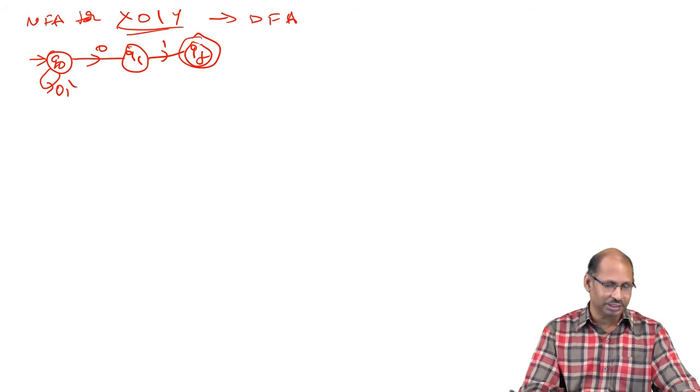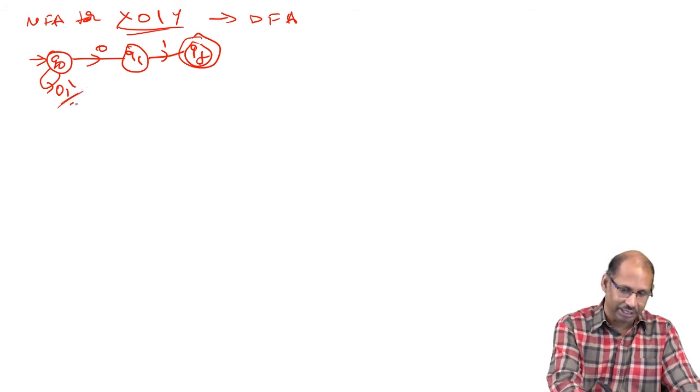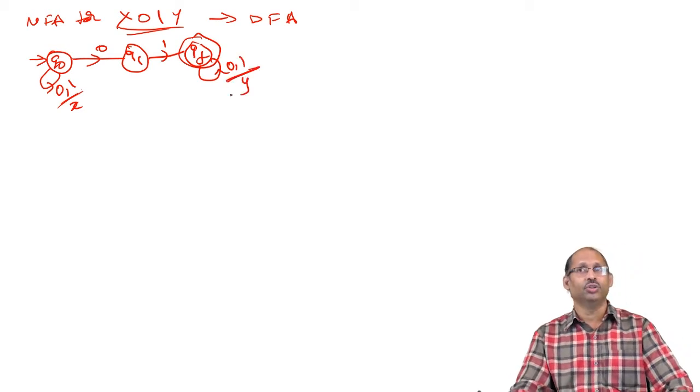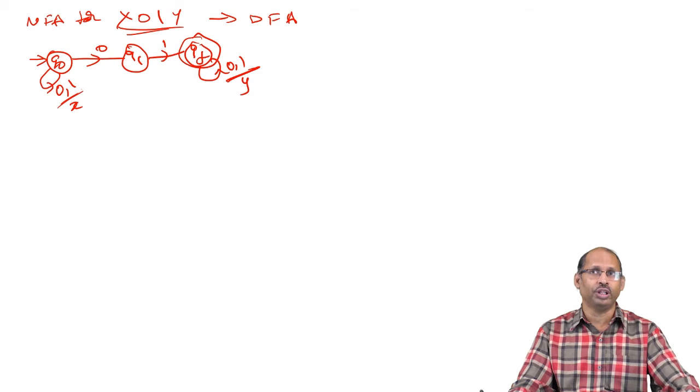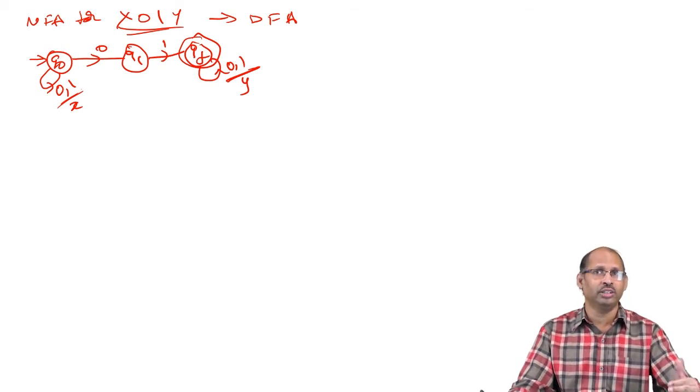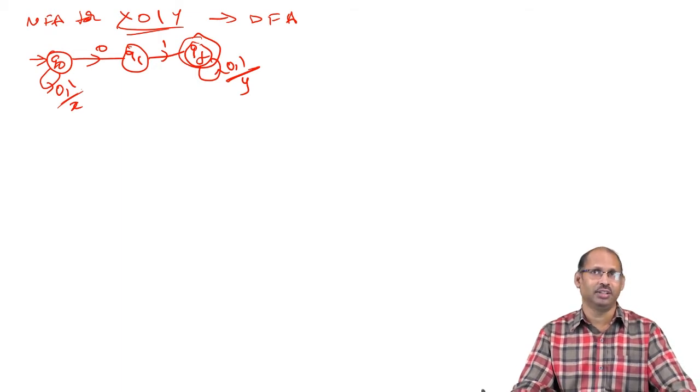So we represent x as Q0 on 0, 1 going to Q0, and y as QF on 0, 1 going to QF. So we have constructed an NFA for the given problem.